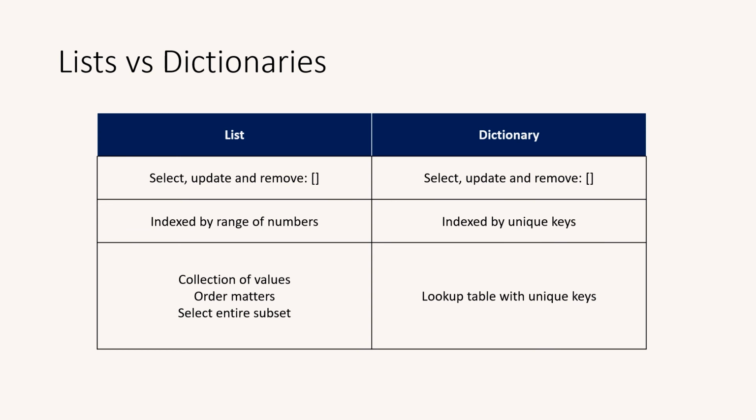It matters because a list is a collection of values, and the order matters because you always have an index, and you often have to select from your list by using that index. With dictionaries, though, an index is not important. You only have your unique keys. So if you use a dictionary, you have to be aware of your keys, and if you use a list, most of the time it's more useful to be aware of the positioning of your elements.